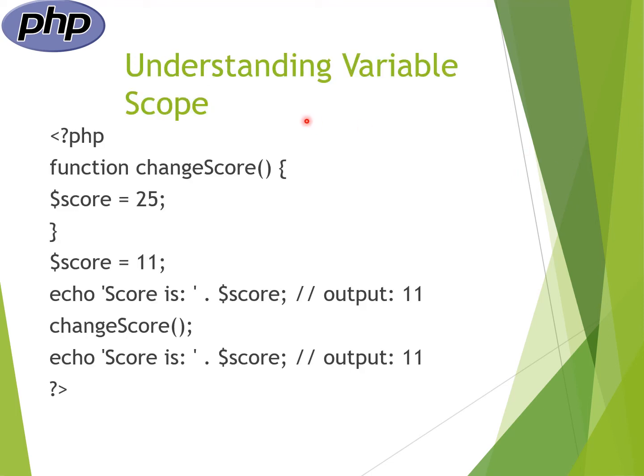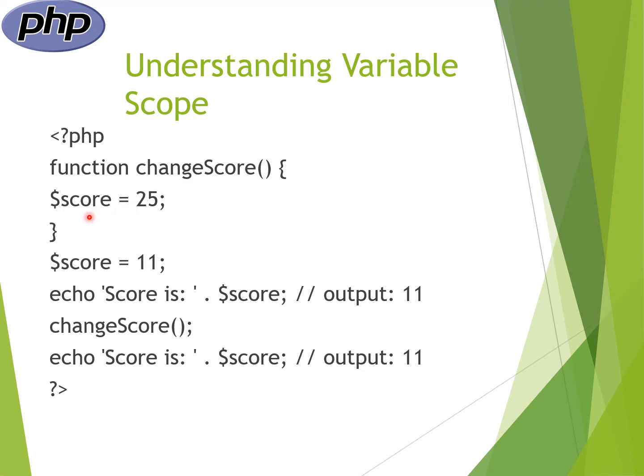Now let us understand variable scope. Remember, the scope of a variable is limited to its block. Here is the start of PHP code: function changeScore. A function is created with the name changeScore which does not have any arguments. Inside the function a variable is created.